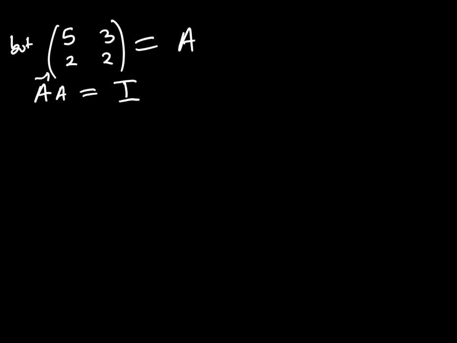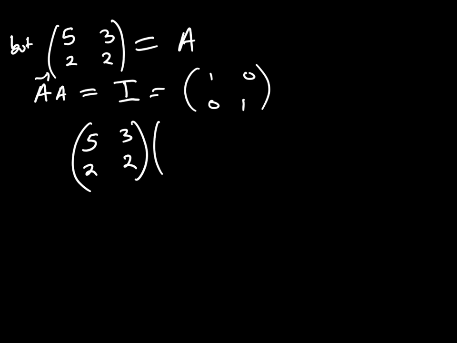Since it's 2 by 2, this identity matrix is going to be 1, 0, 0, 1. We only have 1s on the major diagonal. So this is what we should use here. We have 5, 3, 2, 2, the matrix A, multiplying x, y to give us 7 and 2.